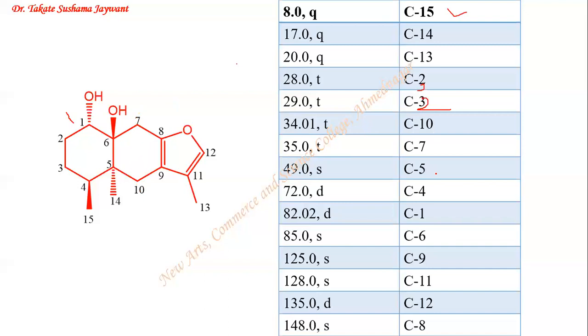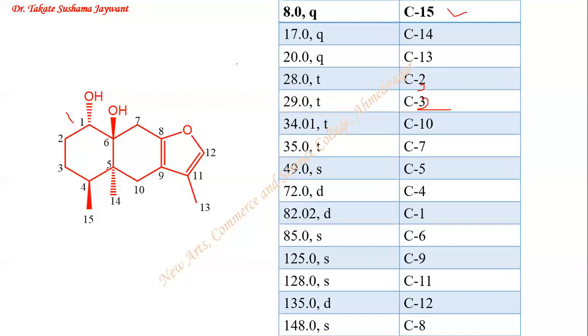So I will have to look for the sp3 hybrid carbon atom, because chemical shift value tells me that this is not an olefinic or aromatic carbon. So for an aliphatic quaternary carbon atom we have to go. We have total two aliphatic sp3 hybrid carbon atoms. First one is C6 and other is C5. Amongst C6 and C5, C6 must be more de-shielded as compared to C5.